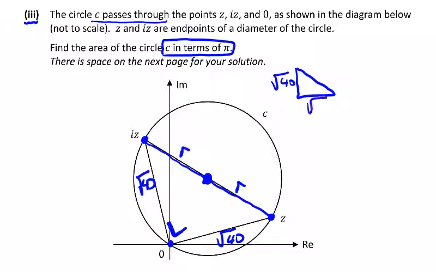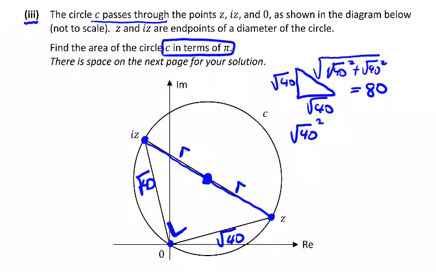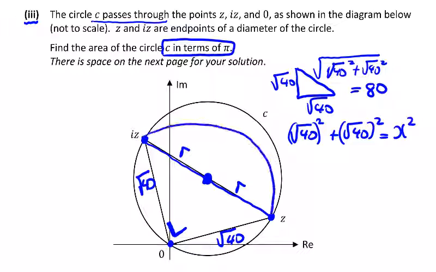So you can see straight away, connection to the previous part. The square root of 40 to be squared plus the square root of 40 to be squared is equal to x squared, the whole diameter to be squared.